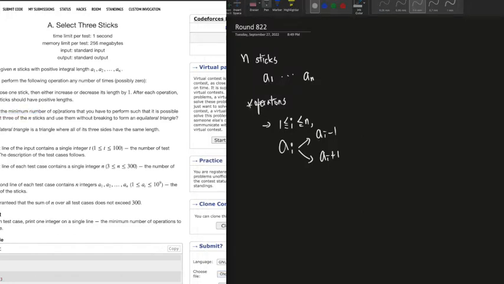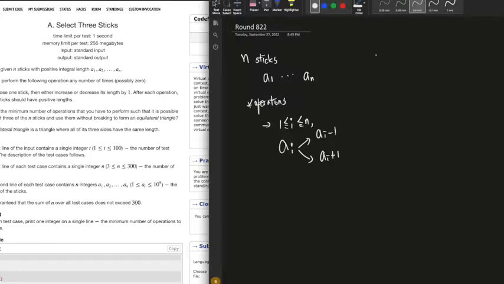And what's the minimum number of operations that you have to perform such that it is possible to select 3 of the n sticks and use them without breaking to form an equilateral triangle. So we have to make an equilateral triangle.